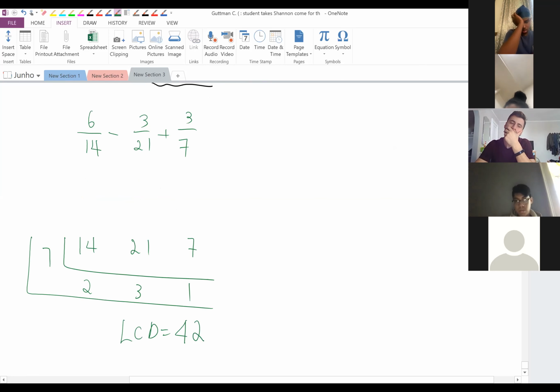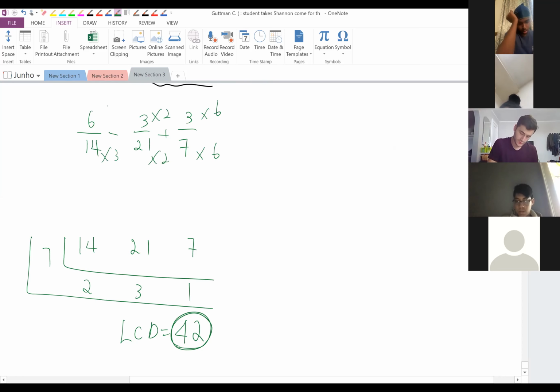Okay. Now, whenever we have three different fractions, you need to find out what we have to multiply. So 42 means 7 times 6, 21 times 2, 14 times 3. So 18/42 minus 6/42 plus 18/42 again.